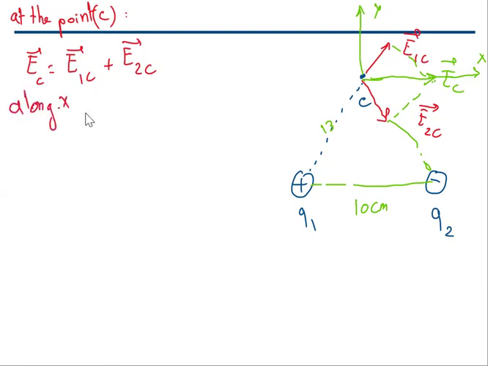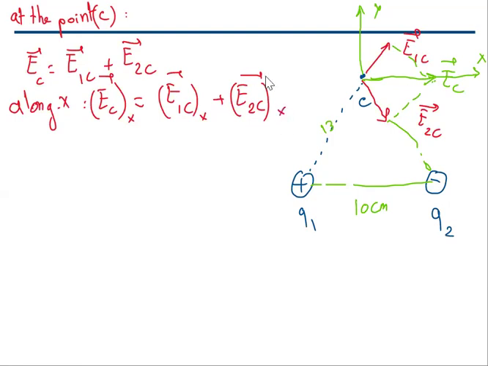It will be EC as a vector along x: E1C along x plus the x component of E2C. That's very nice. Okay, now the question: what is this quantity? We should repeat the same steps for the y.